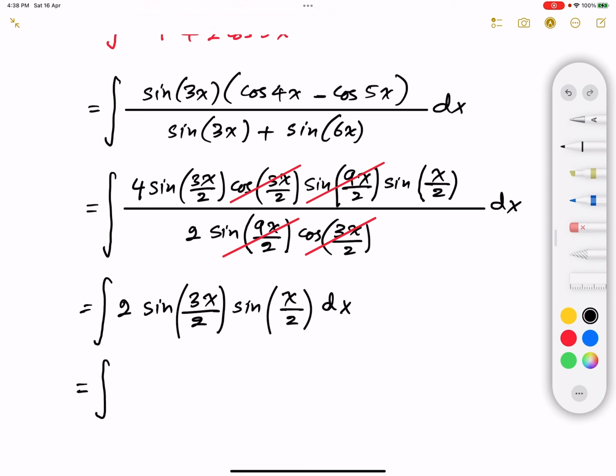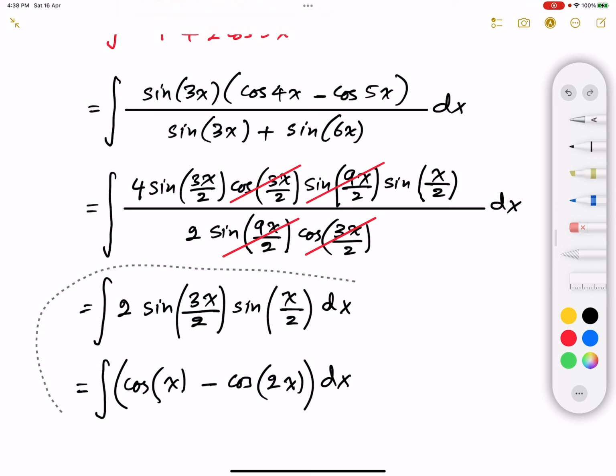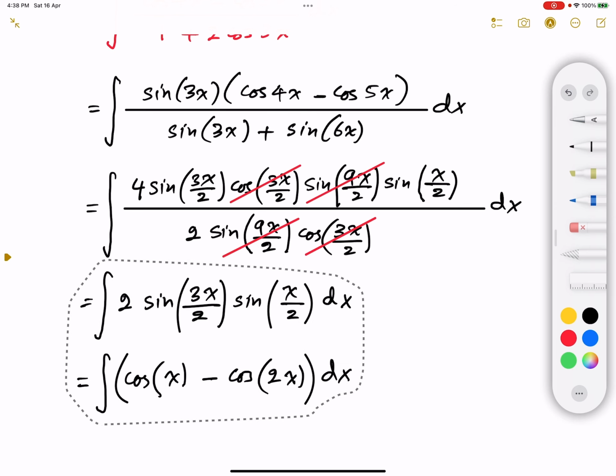Now cosine, we need to take the difference first, which is 3x divided by 2 minus x by 2, which is 3x minus x, 2x divided by 2, which is x. And then minus cosine of the sum, which is 3x plus x, 4x divided by 2, that is 2x. Let's put everything between parentheses, and dx here.